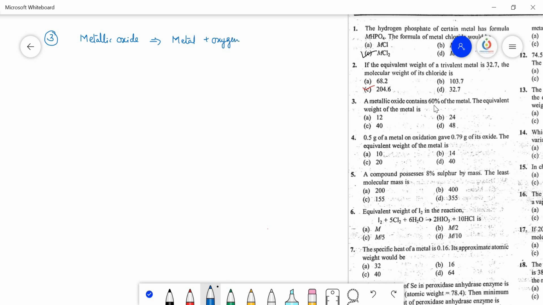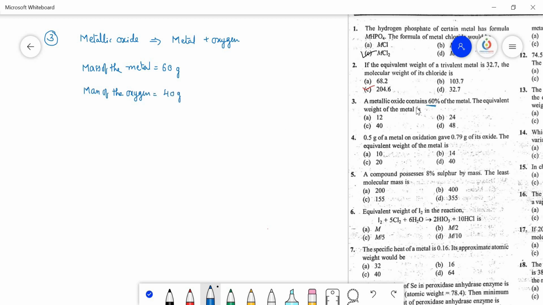In this, metal percent is how much? 60%. So mass of the metal is equal to 60. If you consider the total mass of the metallic oxide is 100, then 60 grams belongs to the metal, and mass of the oxygen is equal to 40 grams.